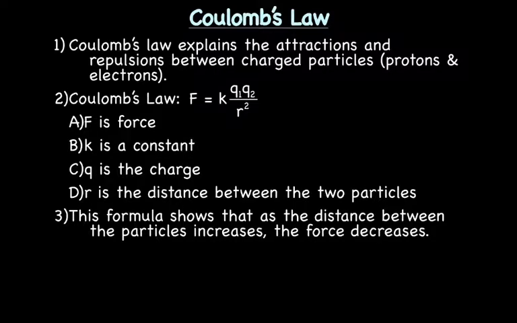So if the distance was 2 versus if the distance was 4, being that we're dividing by the radius, that is going to decrease the force. So the farther away the electrons get from the nucleus, the smaller the attraction of the nucleus on the outermost electron.